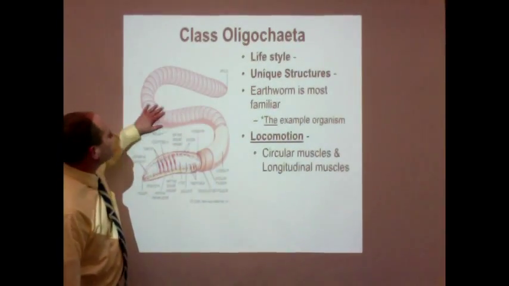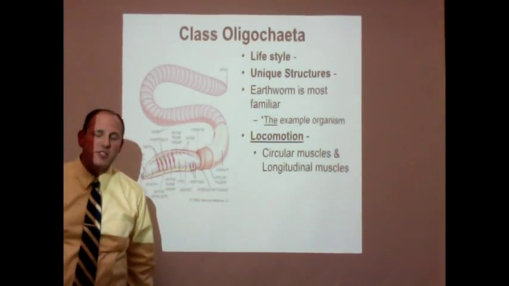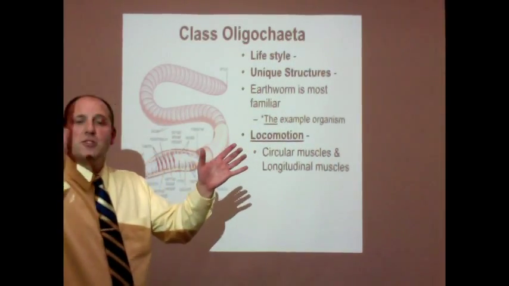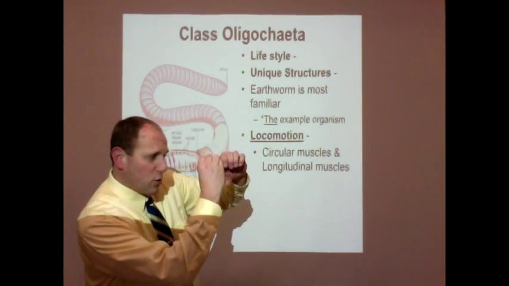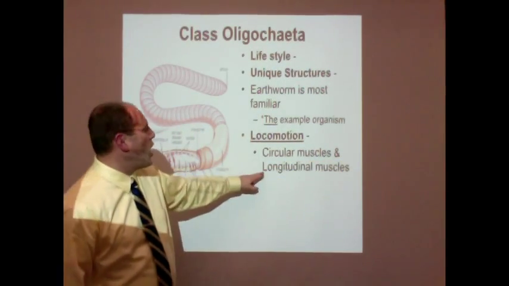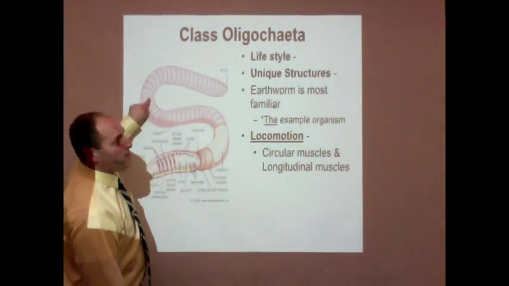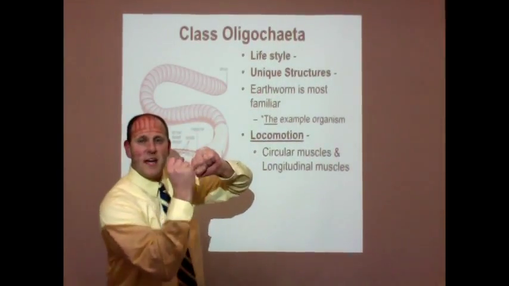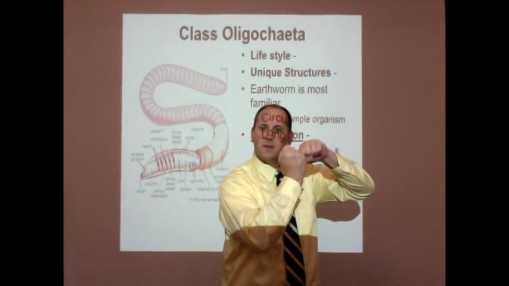Well, the middle areas, with their setae, these tiny little bristles sticking out, hold on to the sides of the burrow that they're in. So this front part squeezes down with those circular muscles and gets pushed forward. Then the longitudinal muscles, the long muscles running the length of the body, once it's squeezed down, pull the rest of the body up to the front.